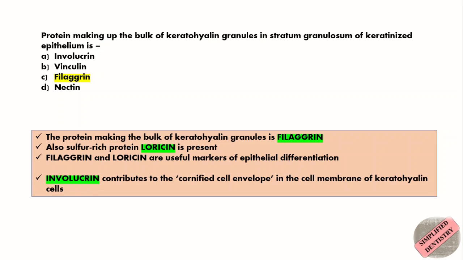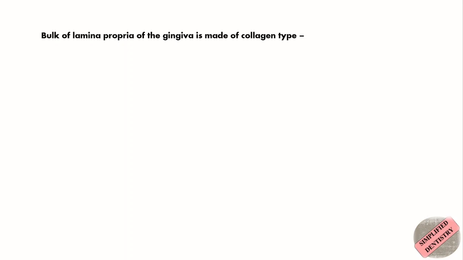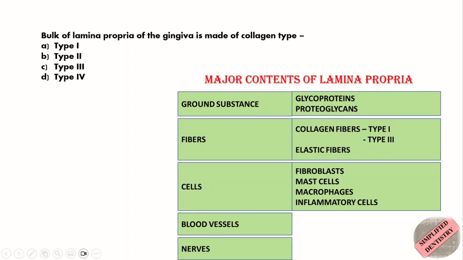Next question is, bulk of lamina propria of the gingiva is made of collagen type. Option A, type 1, option B, type 2, option C, type 3, and option D, type 4.